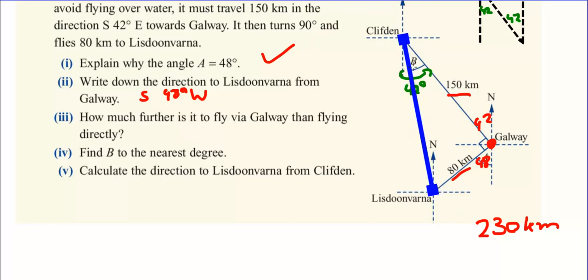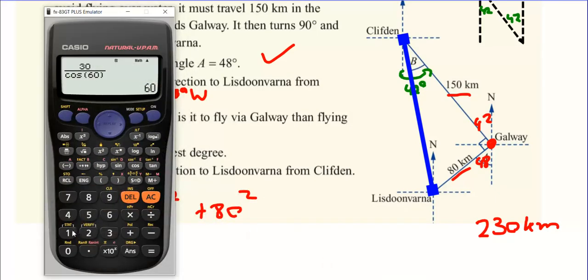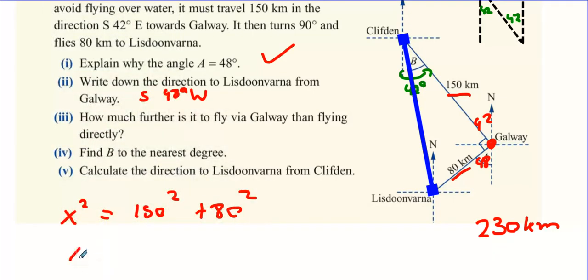So the blue line, which we'll call x, squared equals 150 squared plus 80 squared, which is 28,900. Okay, square root that.